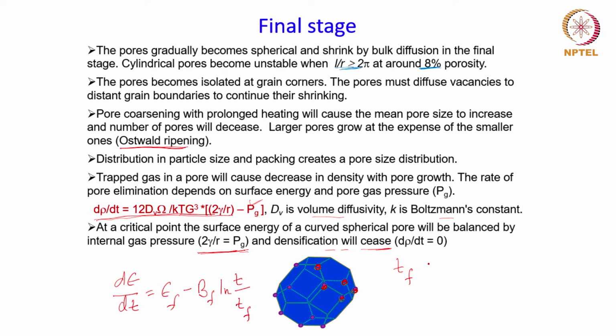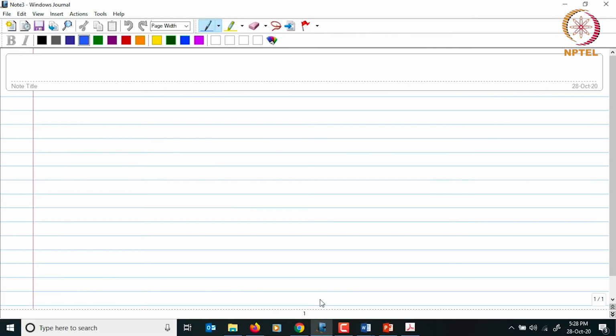Okay, and the corresponding porosity is epsilon f, and Bf is a combination of material constants. Now, apart from densification, grain growth also occurs concomitantly in sintering.